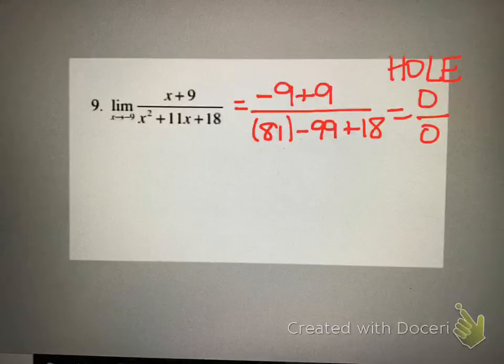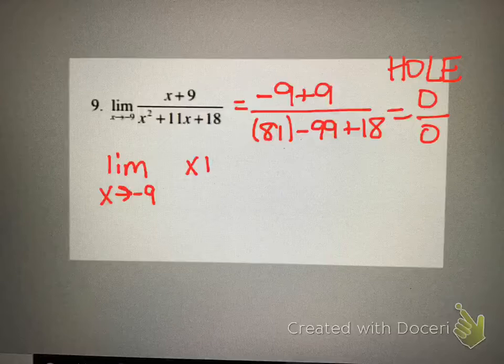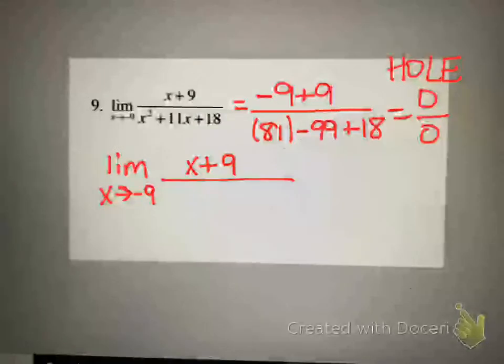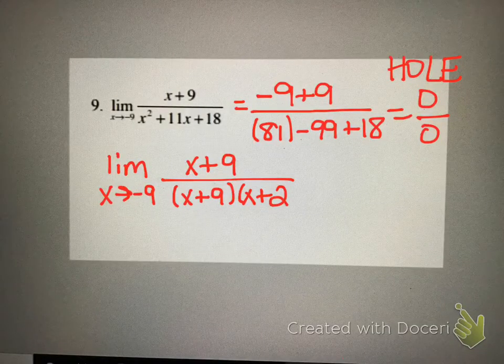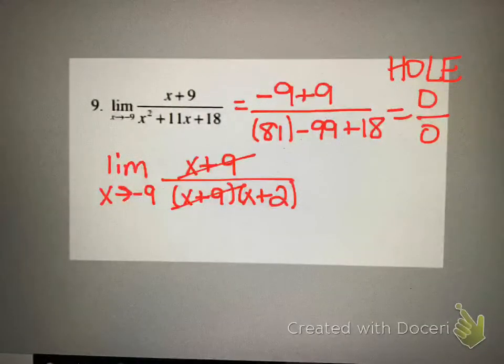What that 0 over 0 is telling us to do is to factor and simplify that equation. So we would take our denominator and factor it, and it factors nice and easy as x plus 9 and x plus 2. And the x plus 9's cancel.